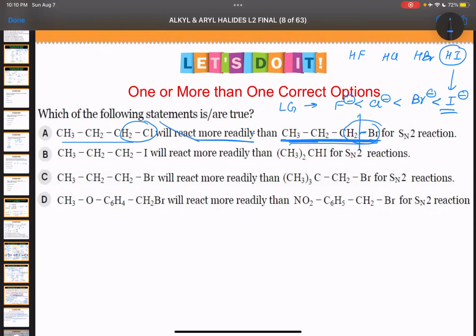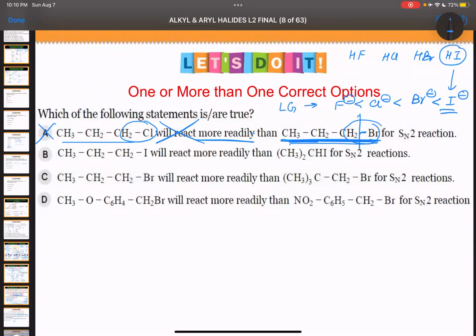So this is an incorrect statement, because propyl bromide is going to react more quickly because bromine is a good leaving group. Is it clear or not? Yes. So leaving group tendency affects the rate of SN2 reaction. A better leaving group means a faster rate of reaction.